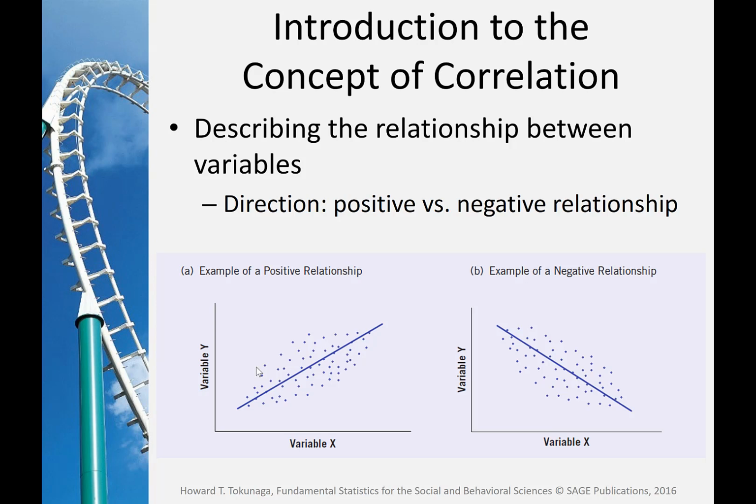That's the way that works. Or as X increases, variable Y decreases. As the price of gas increases, sales of SUVs and other large fuel-inefficient vehicles decrease.